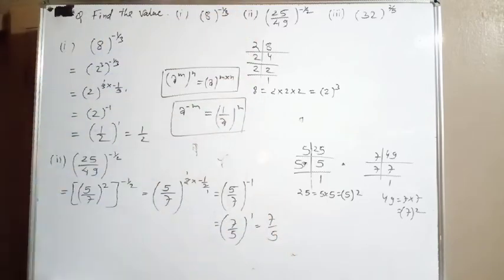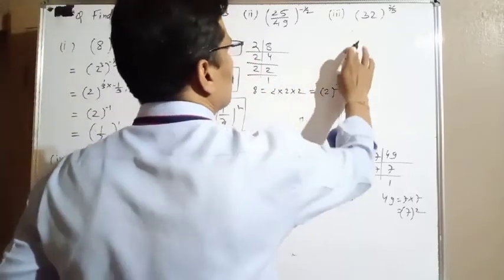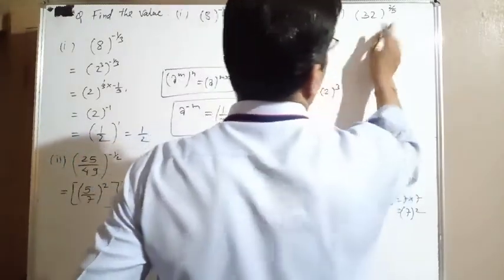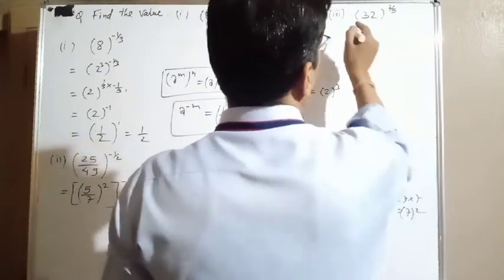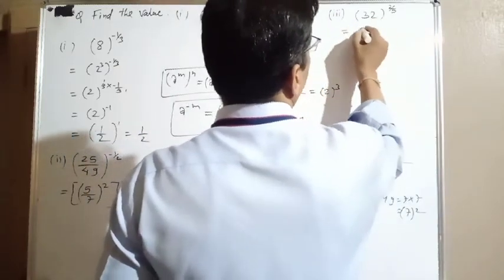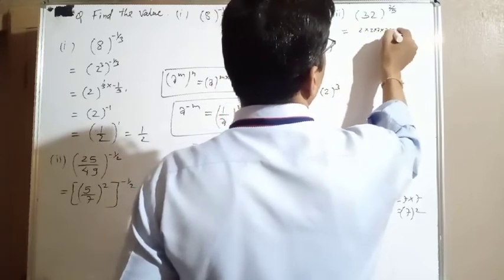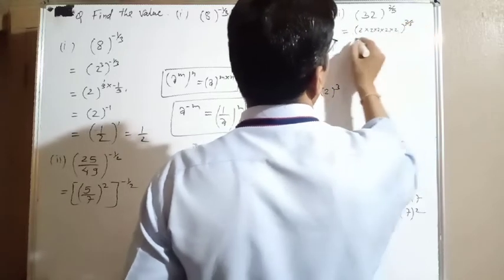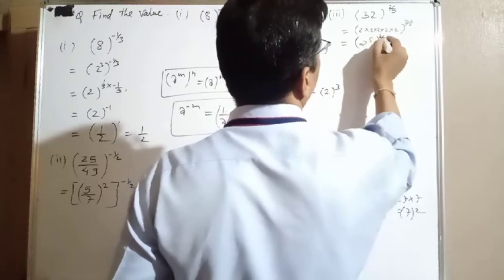Third number. The third number is also very easy. Directly I am telling you, we can solve it. 32. If you find the factors of 32, what do we get here? You get 5 times 2: 2 into 2 into 2 into 2 into 2. So you get 2 power 5, and outside of the bracket the power is 2 upon 5.